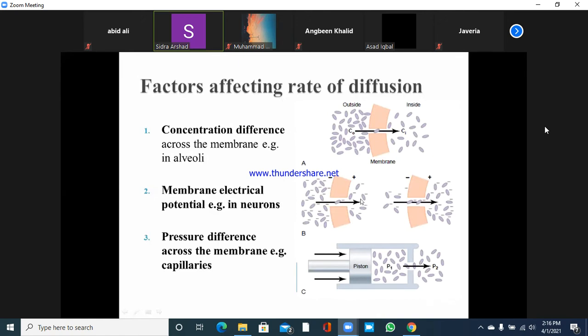So this is the effect of electrical gradient or electrical potential on the movement of these charged ions. Negatively charged ions will go towards the area of positivity, and positively charged ions will tend to go towards the area of negativity.